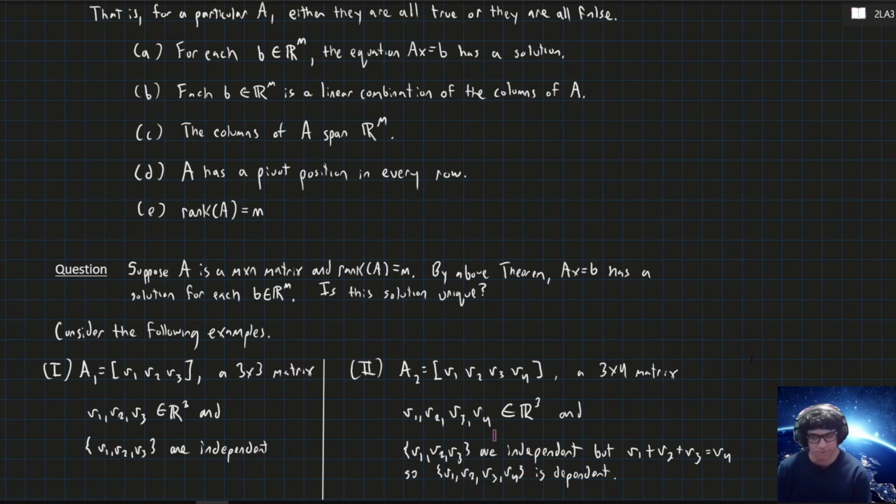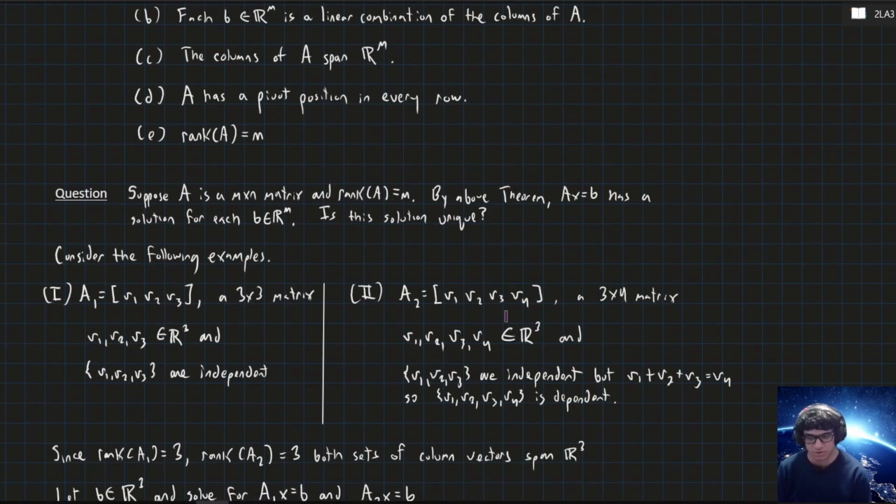But the point here is that the set is dependent overall, but we do have a subset of the vectors that's independent and of size 3, which is the dimension of the space.